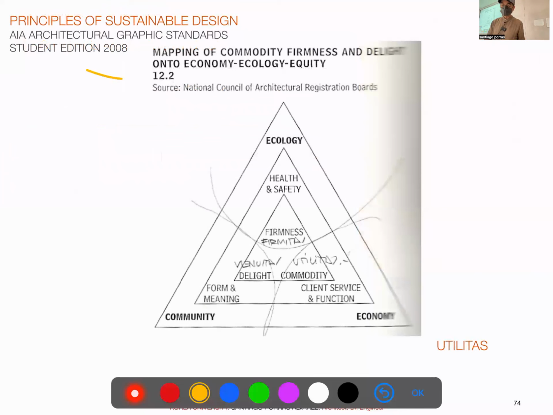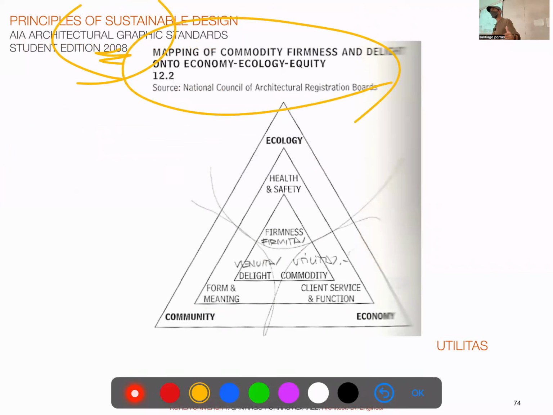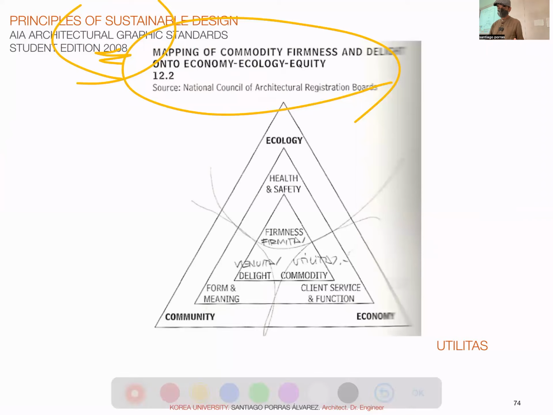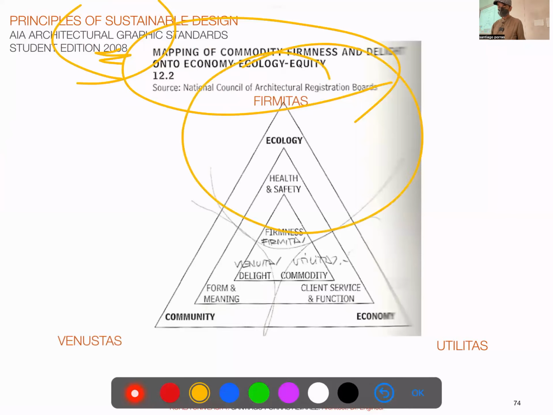If we go to the Graphic Standards, I'm using the 2008 edition, they try to make an updated diagram of those utilitas, firmitas, and venustas, right? And you see that in the end, even the most modern handbook goes to the classics, not because the technology was so advanced, but because they have the common sense at some point we have lost.